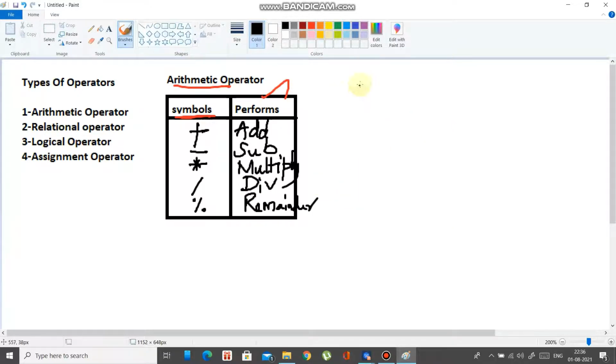If you have two variables a and b, where a is equal to 1 and b is equal to 2, just for an example, and we use an operator, these two are called operands. There is an operator and there are operands.